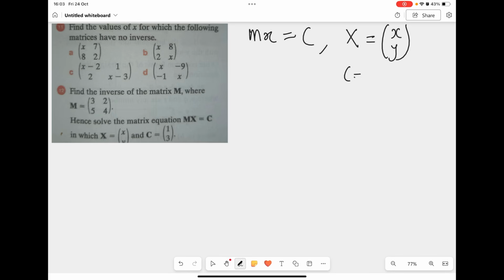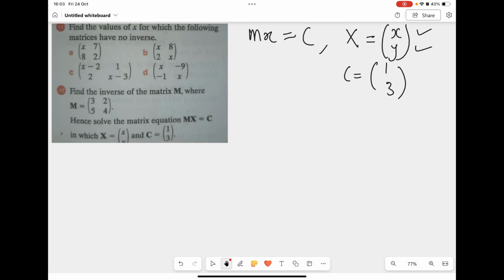Same thing with C, which is 1, 3. The aim is to get x and y. How can we go about it?